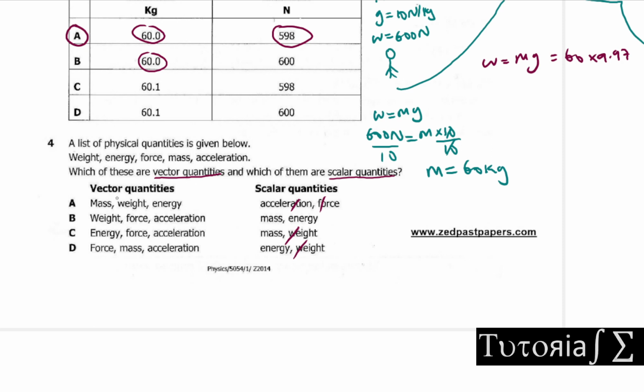So weight is a vector quantity, and force and acceleration are vector quantities. Weight has force or has mass, which is magnitude, and acceleration, we accelerate in a particular way. Same applies with force. Force has mass and acceleration, mass being the magnitude and acceleration being the direction. Same applies for acceleration: it has direction and magnitude.